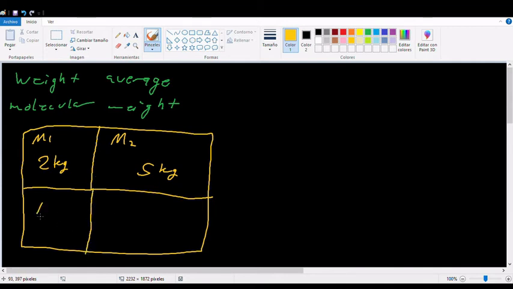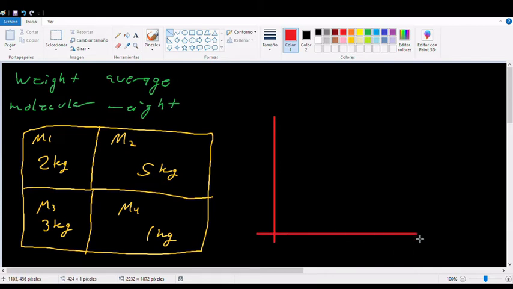Then we have m sub 3, these are 3 kilograms. Then m sub 4, these are 1 kilogram, right? So we also make a graph, which is going to be actually the exact same graph.